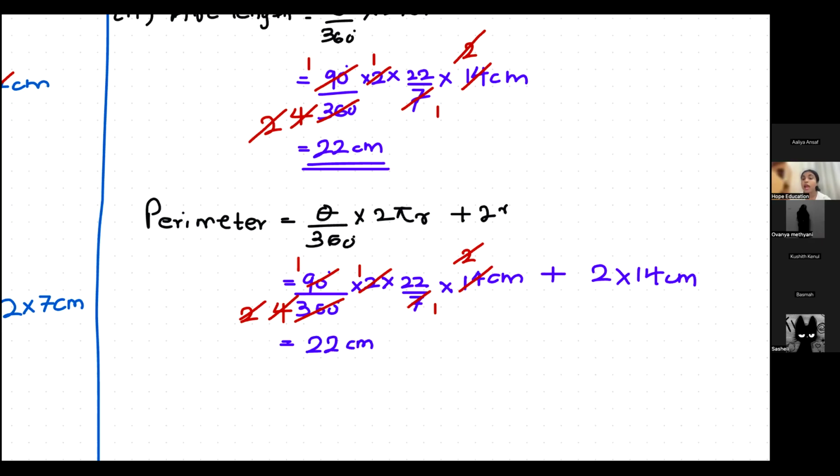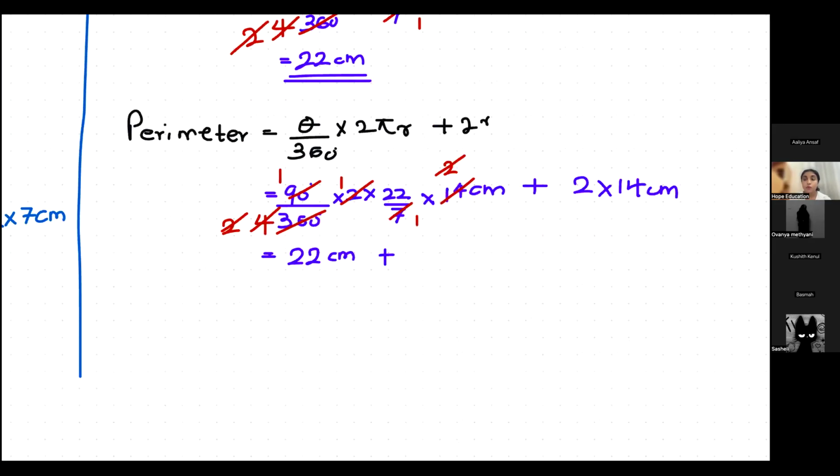Plus here 2 times 14 is what? 2 times 14 is? 28. Then we add 22 plus 28. So 8 plus 2 is 10, 1 remaining. That is 50 centimeters.